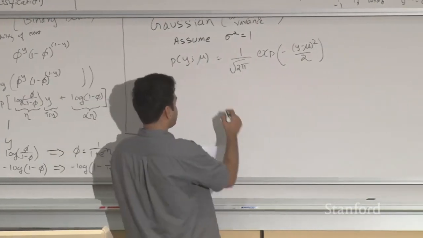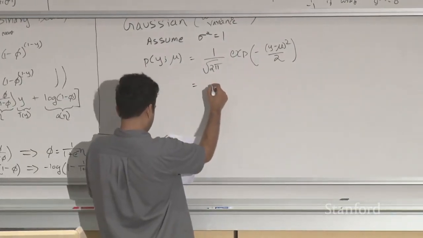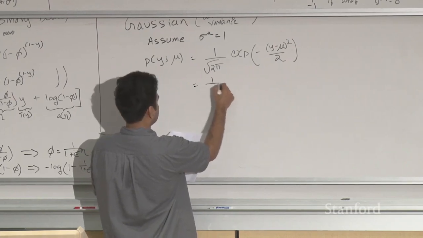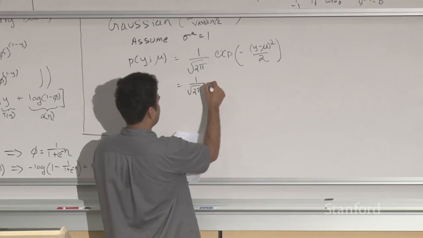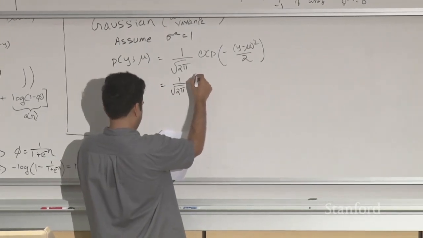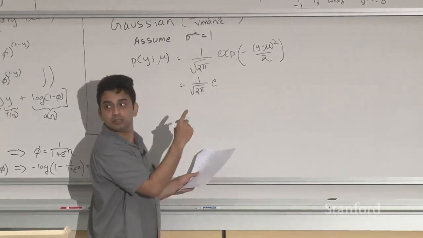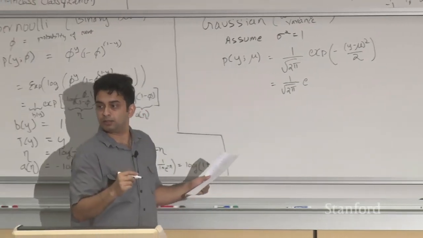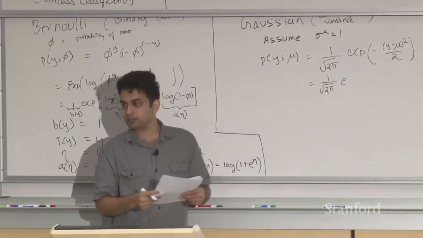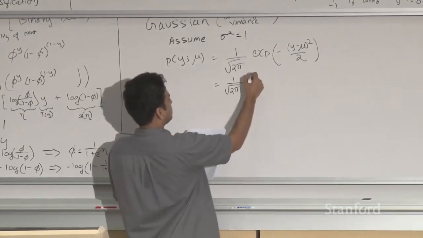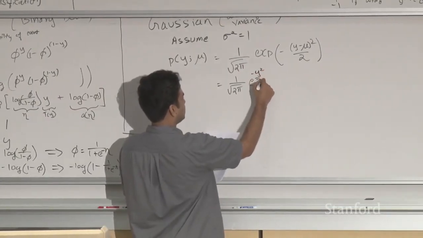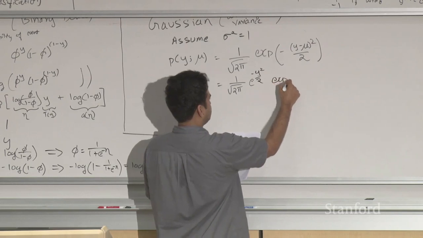And this can be rewritten as, again, I'm skipping a few algebra steps, straightforward, no tricks there. Any question? Oh, fixed variance. E to the minus y squared over 2 times exp.